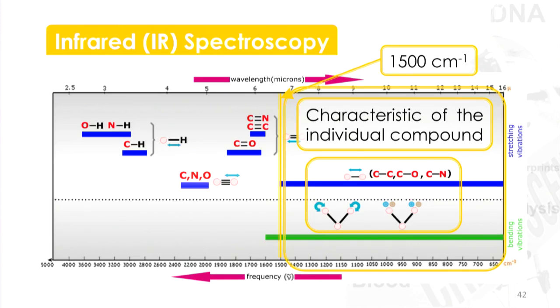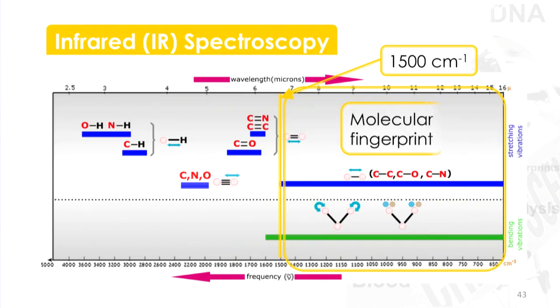In fact, this part of the spectrum acts very much like a molecular fingerprint. So if you take the infrared spectrum of your unknown compound and compare it in this region to the infrared spectrum of the standard sample, and those two match, then you've got a very strong identification of that compound.